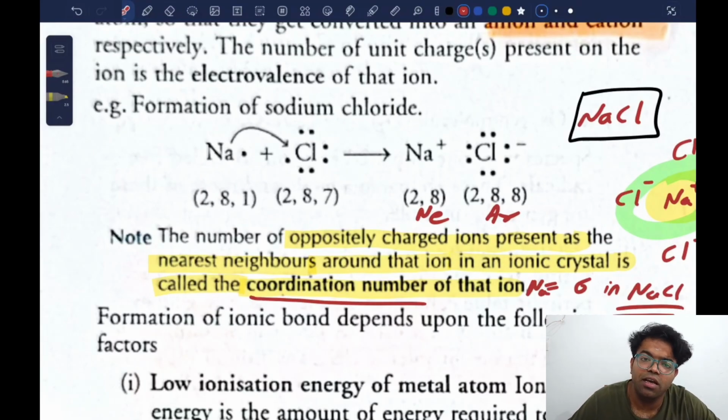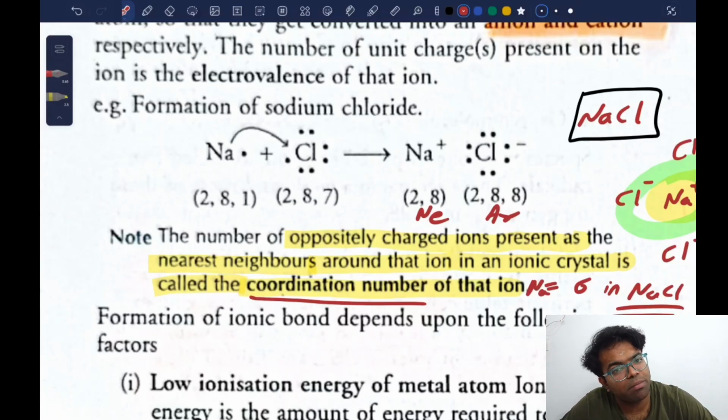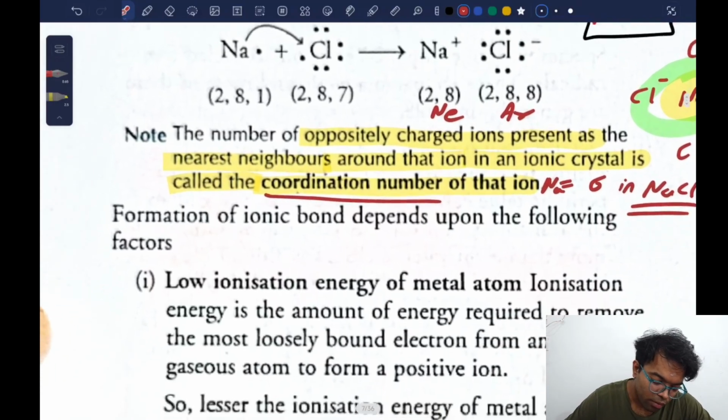That's how you picture a coordination number. Understood, Drupad? In an ionic solid crystal, the number of oppositely charged ions surrounding a particular ion will be called the coordination number of that ion. So in the case of sodium chloride, the sodium will have a coordination number of 6.